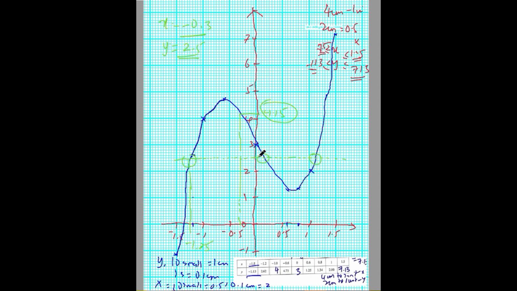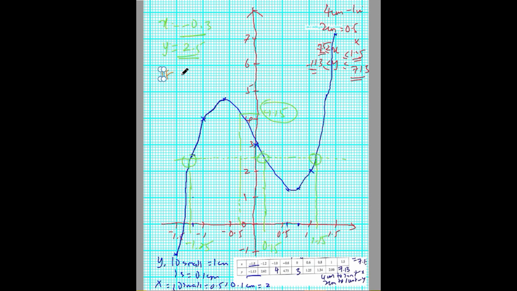So here, this is 3 after 0. So this is 0.15. And here, the third one, this is 3 after 1, which is 1.15.